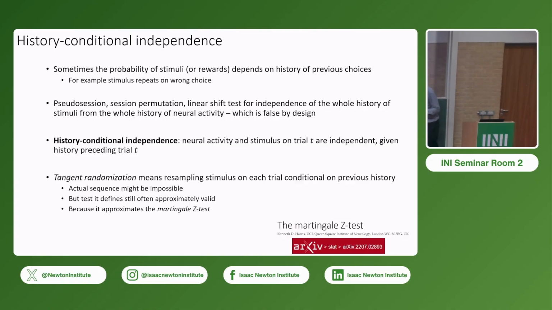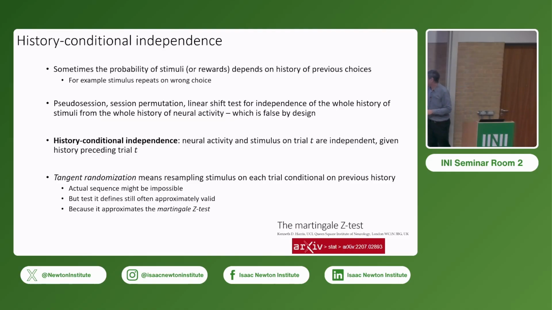A tangent sequence is when you've got a time series and you know the conditional distribution at every time given the past. You redraw a random value at time t, conditional on everything up to t minus 1. And that's your value of the tangent sequence at time t. And then you forget about that, and then you replace it with the actual observed value at time t.